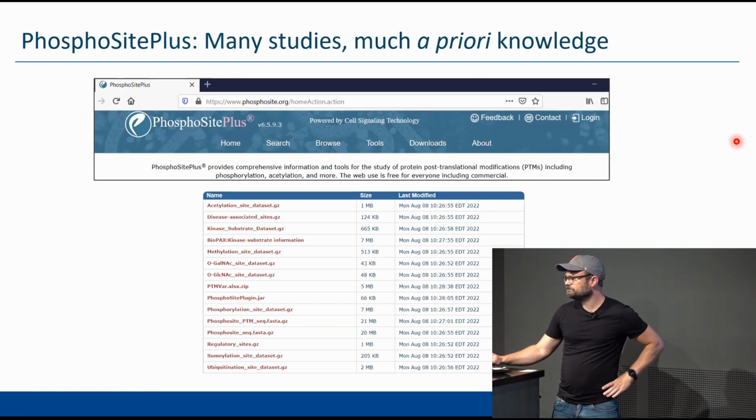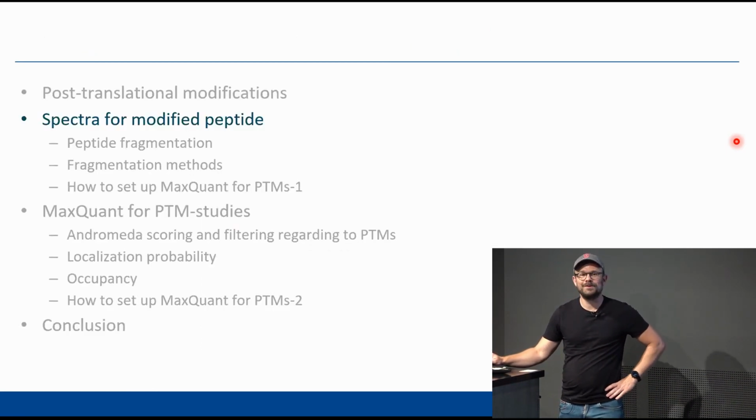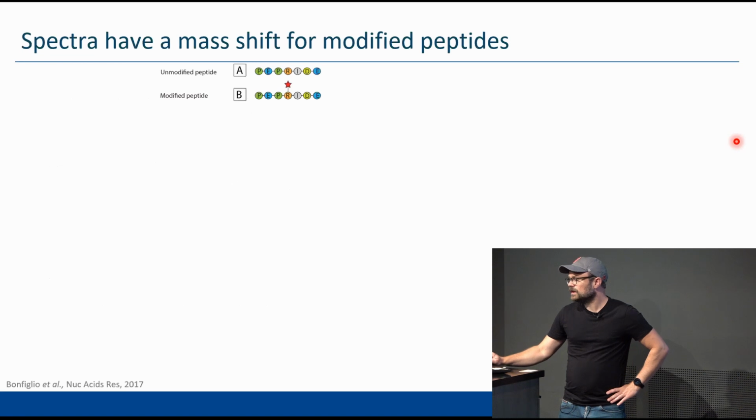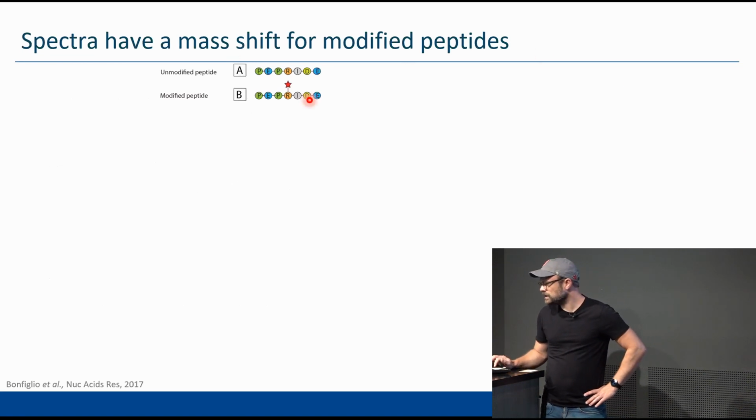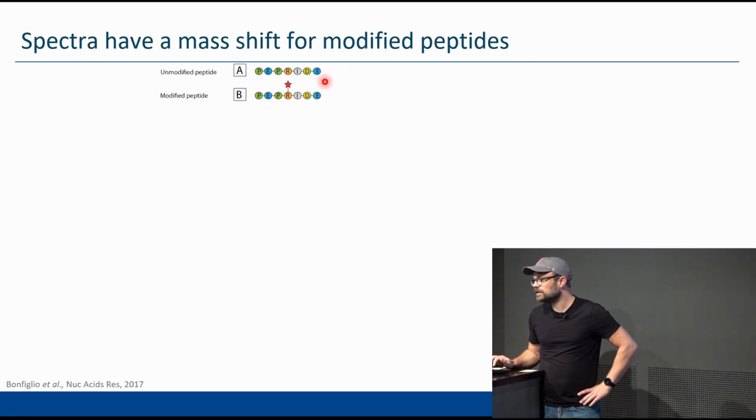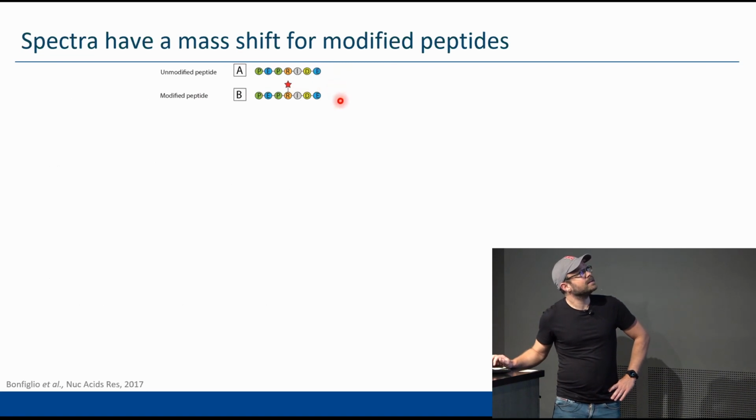Okay, that's all we have to know about PTMs to have a look at the spectra. In this example, we have an unmodified peptide A, and we compare it to a modified peptide B. The star indicates the modification.